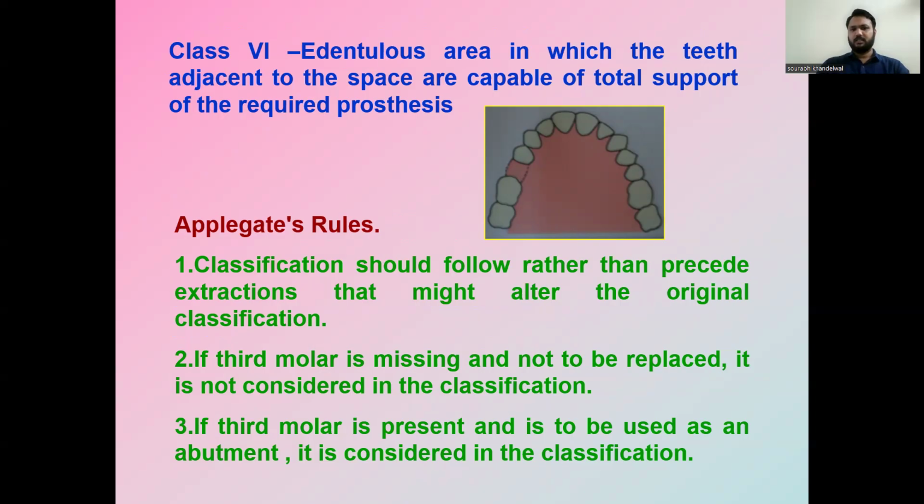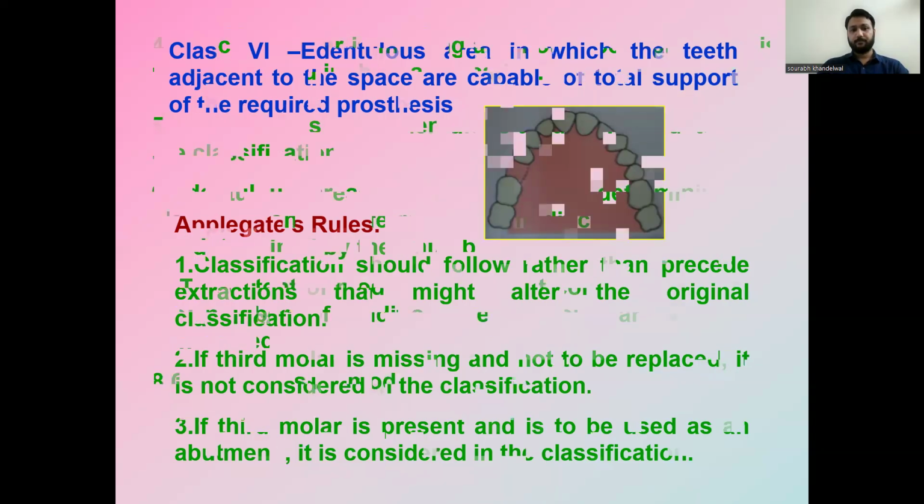So let's see them one by one. First rule is classification should follow rather than precede extractions that might alter the original classification. The second rule is if the third molar is missing and not to be replaced, it is not considered in the classification. And if the third molar is present and is to be used as an abutment, it is considered in the classification.